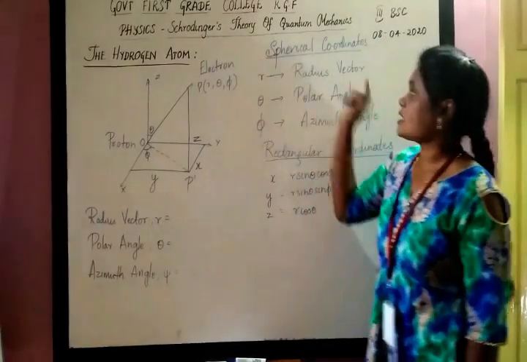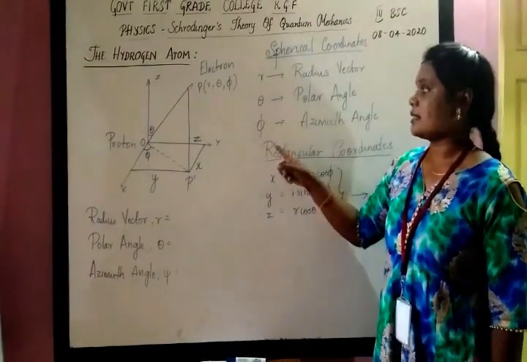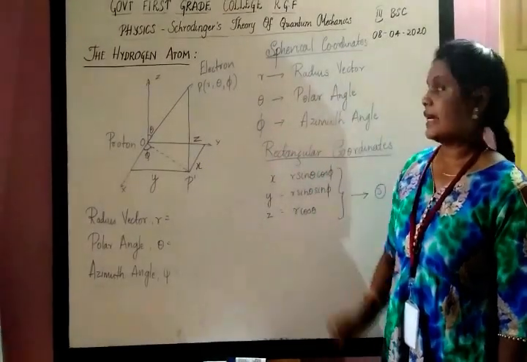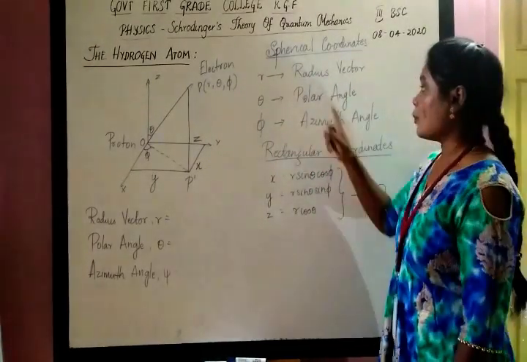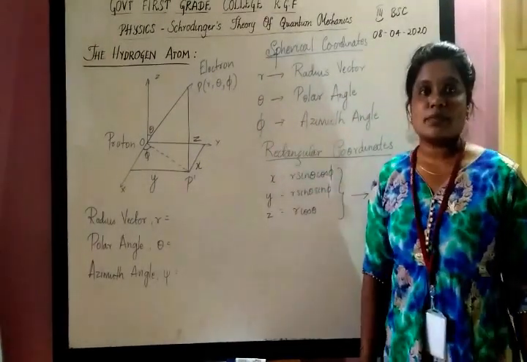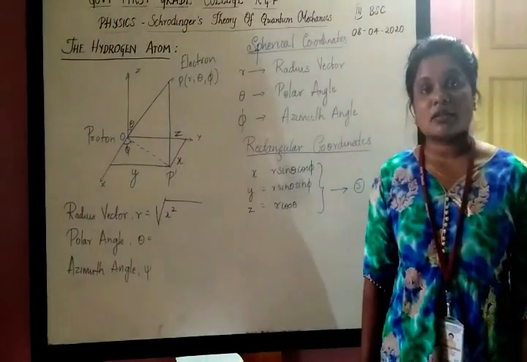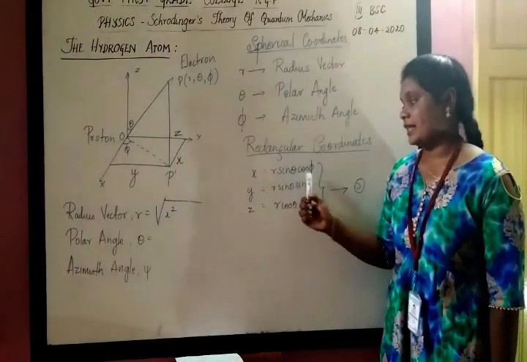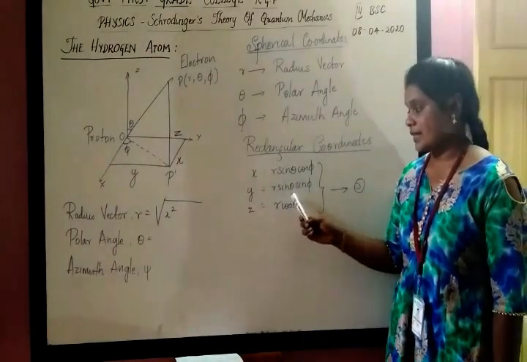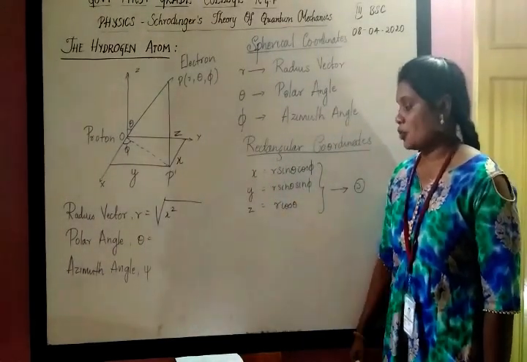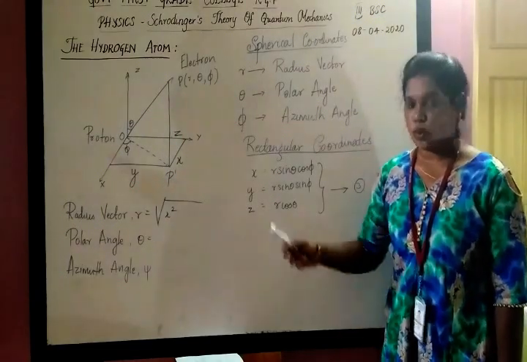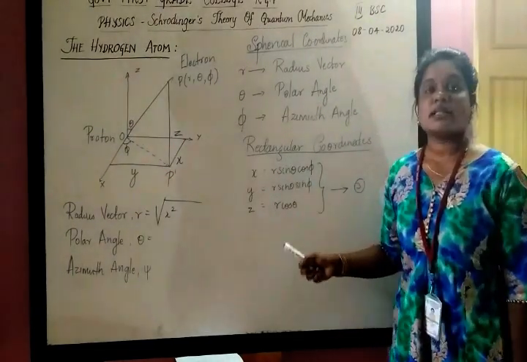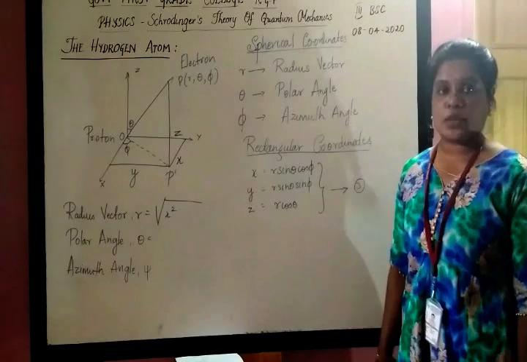So here we have the spherical coordinates r, theta and phi, where r is the radius vector, theta is the polar angle and phi is the azimuthal angle. The rectangular coordinates are given as x is equal to r sin theta cos phi, y is equal to r sin theta sin phi, z is equal to r cos theta, which is already known to us. Let us consider these rectangular coordinates as equation 3.